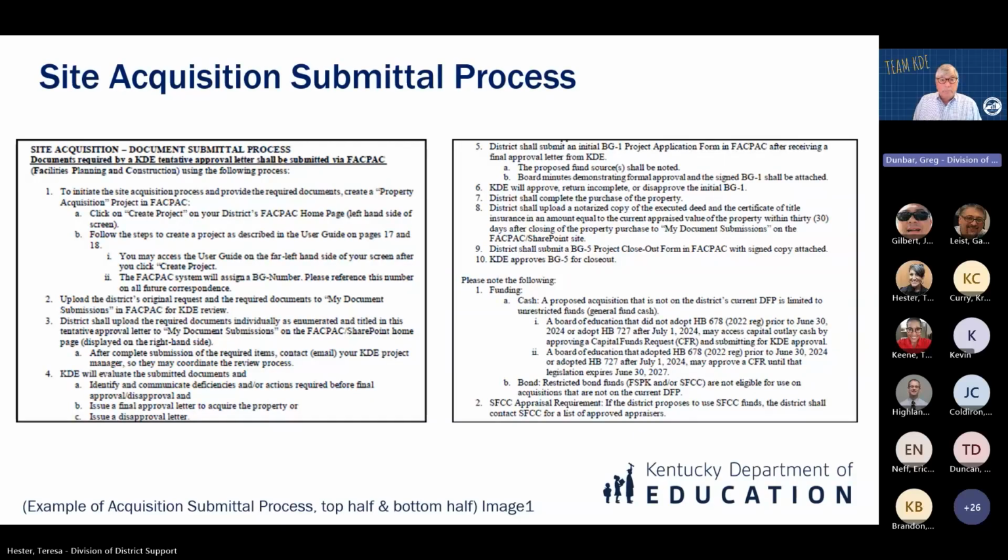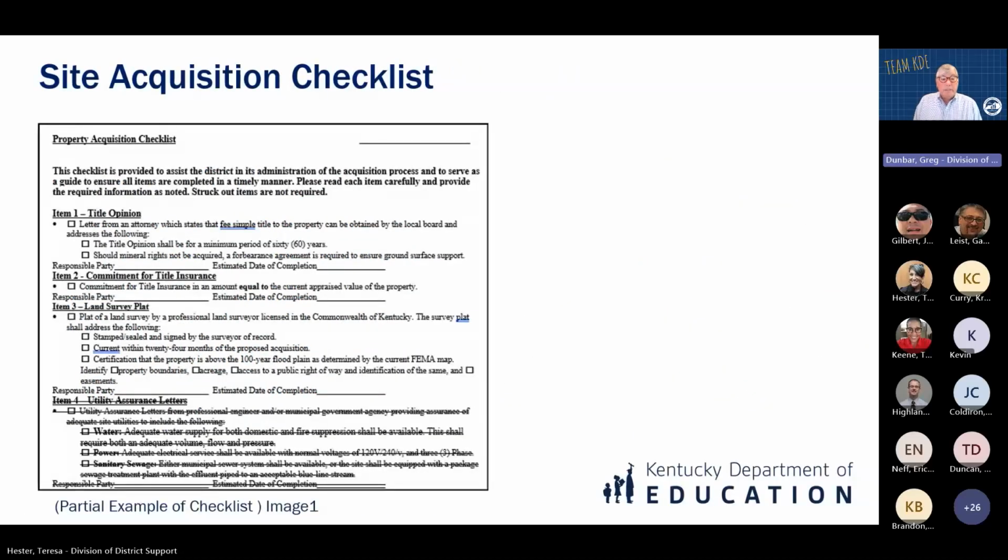This is the acquisition checklist. So the items identified in the PowerPoint conform to the items on this checklist. You'll see that item number 4 in this specific example was marked out. We try to strike things that we don't think would be needed for a specific acquisition.